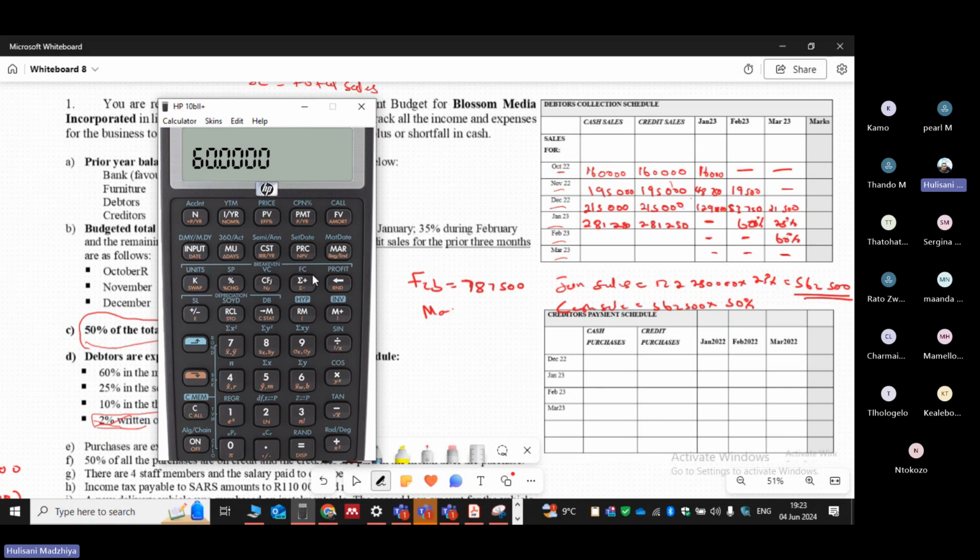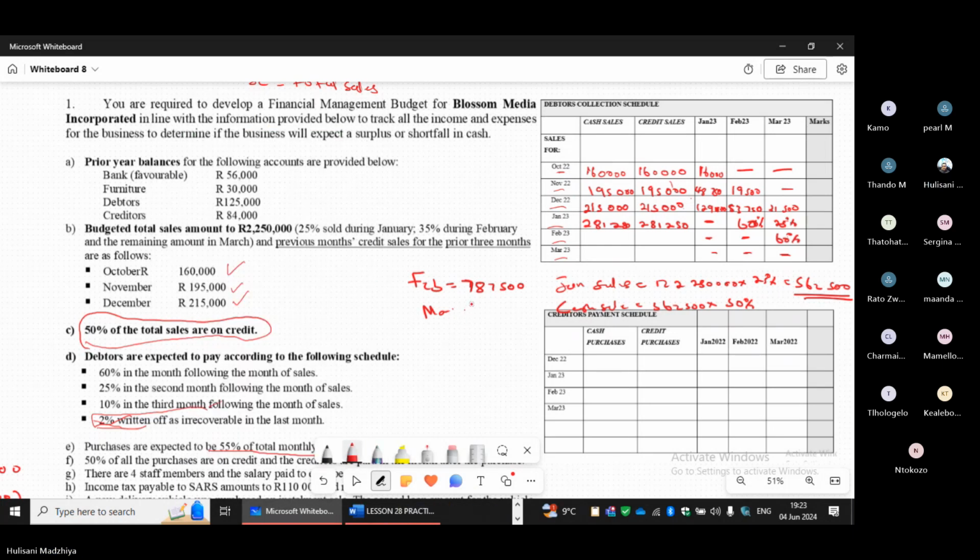So from the 2,250,000, March sales will be 900,000. So here we're going to have 450 and then here 450.